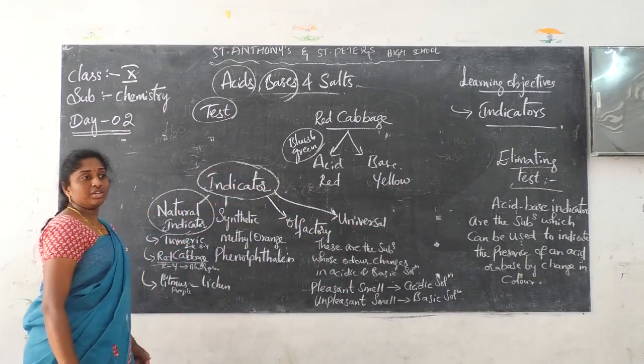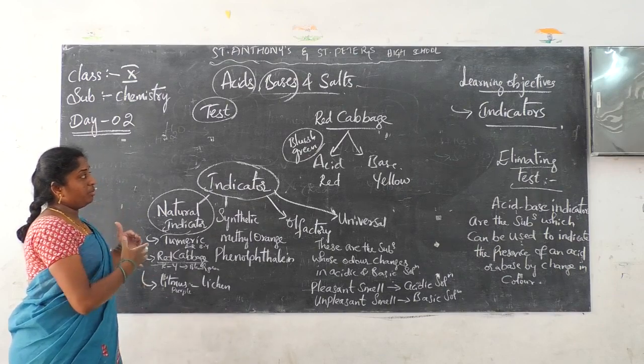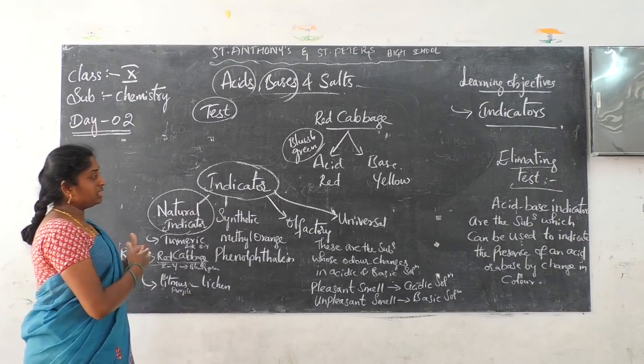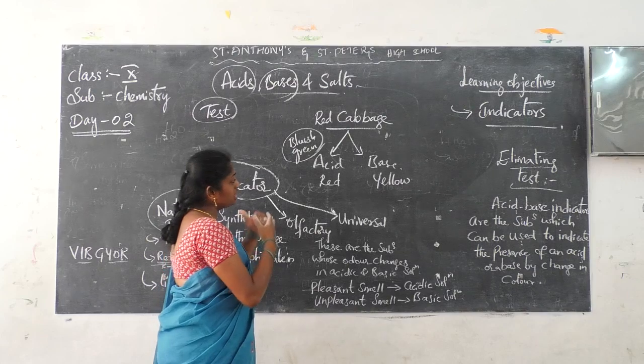So red cabbage in neutral formation will be bluish green in color, but in the acid it changes into red.